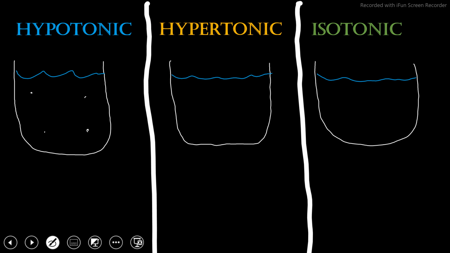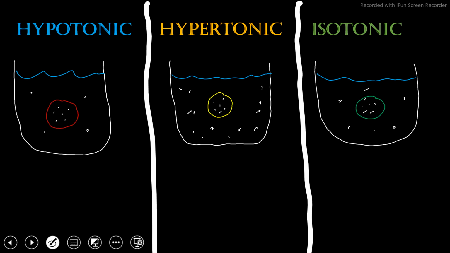In our hypertonic, there's going to be a lot of our solute. And then isotonic, we'll just put a few of our solute in there. Now let's drop a cell into each of them.